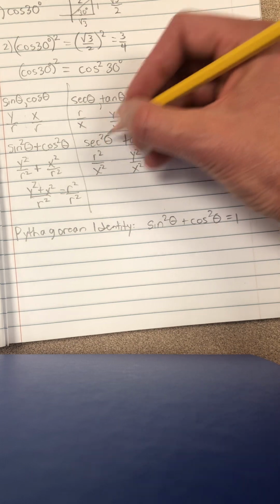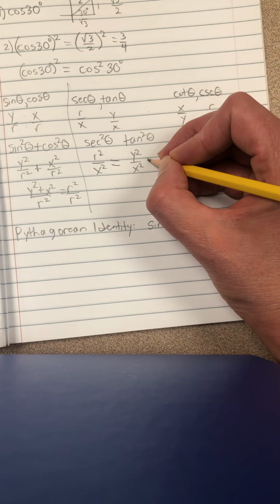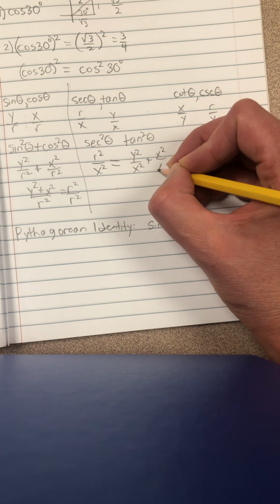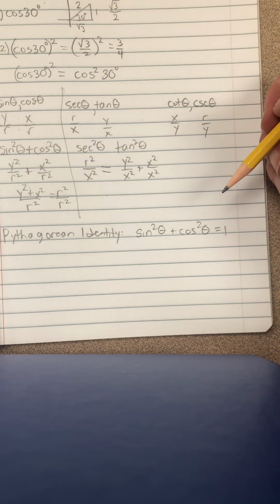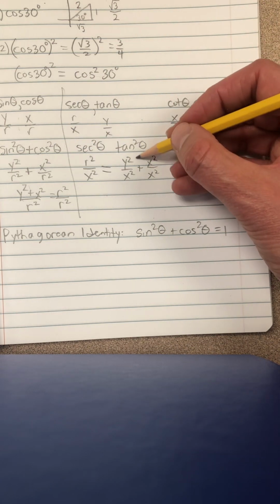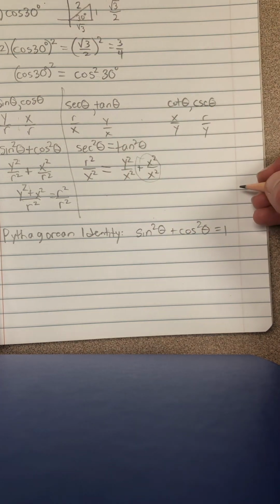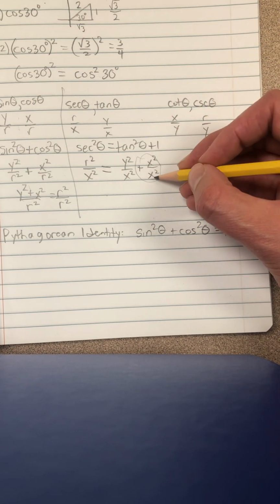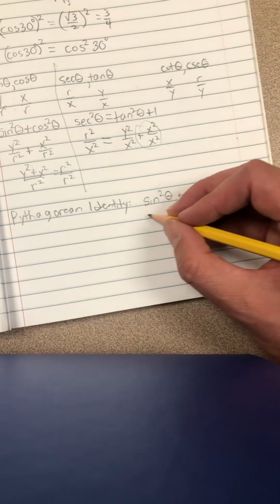But r squared equals x squared plus y squared, so what if I had another x squared over here? And this would be true. So the x squared plus y squared equals the r squared, and this is just a fancy way to say 1. So secant squared is equal to tangent squared plus 1. That is another Pythagorean identity.